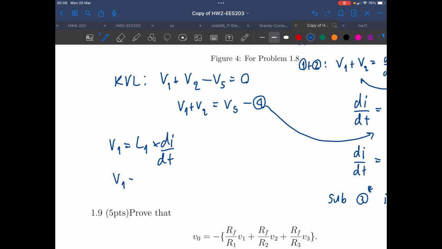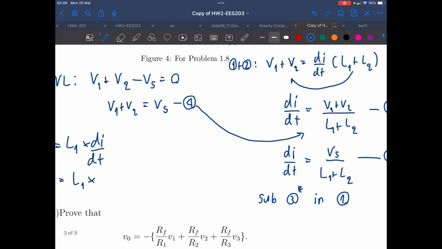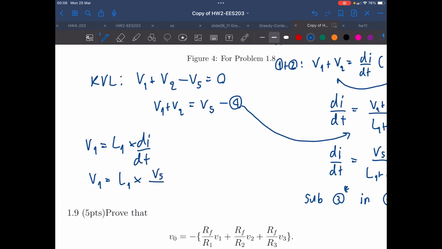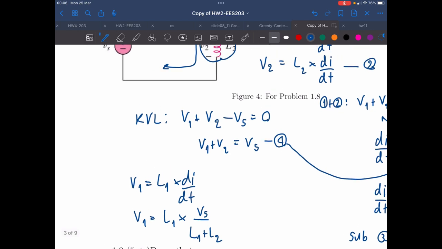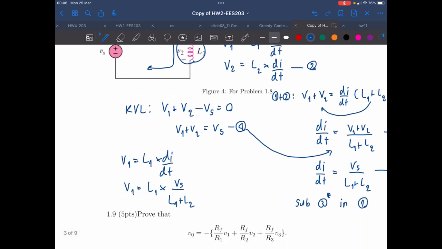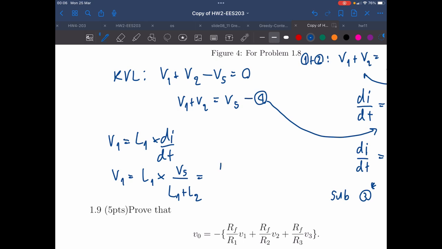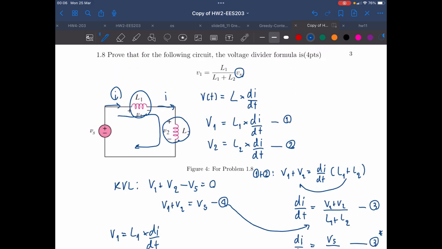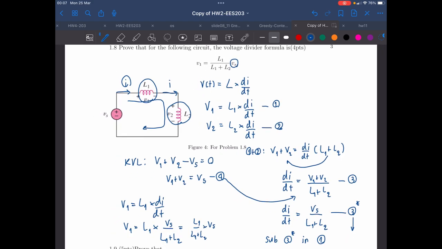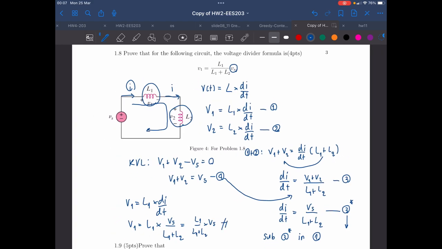We will get the voltage V1 equals the inductance of the first inductor times the V source divided by the sum of the inductances of the two inductors in the circuit. Now let's solve it. Now we get the equation that follows the voltage divider formula according to this question. And that's the end of our proof.